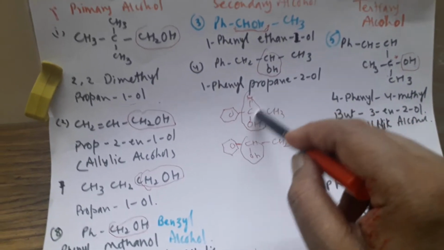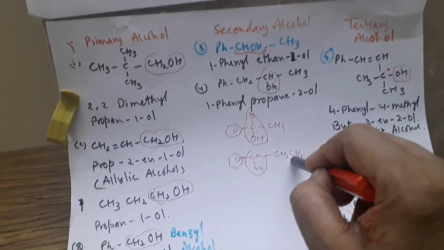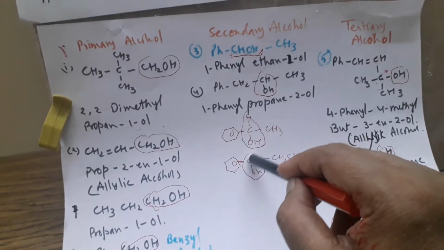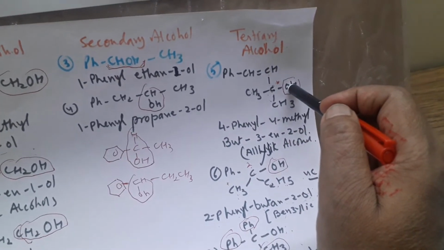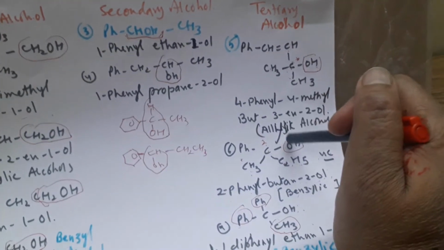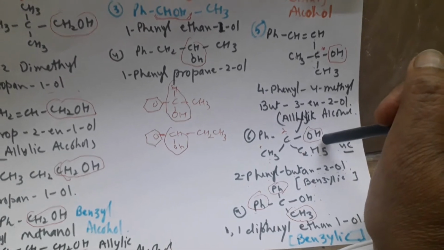Clear? Now, PhCHOHCH3, PhCHOHCH2CH3, whatever it is, we have to see the CHOH grouping. That's it. For tertiary alcohol, the OH group is attached to a carbon bonded to 3 other carbons. We will call it tertiary alcohol. Clear to you? I don't think you are finding any problem. You try yourself also.